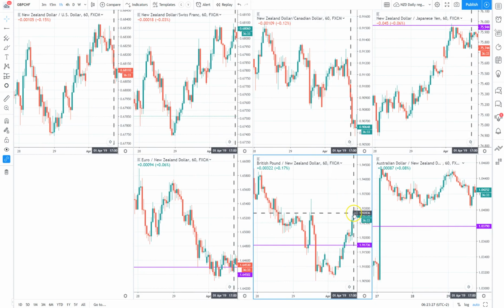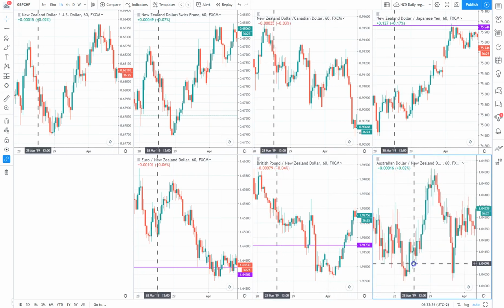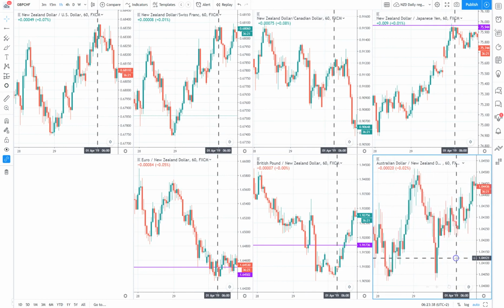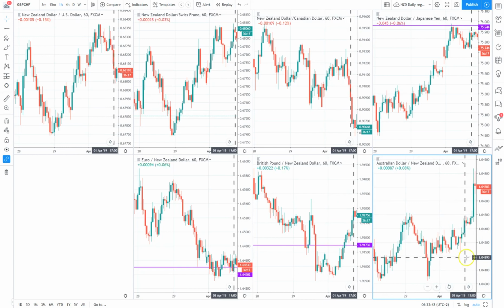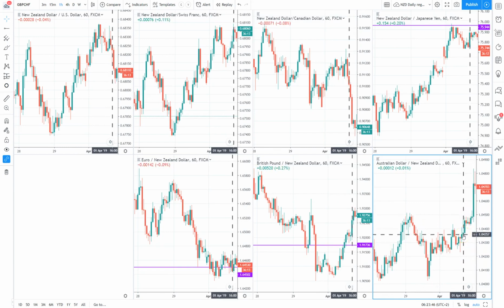And this one, big V at the same time as New Zealand USD and New Zealand CAD. And this pair here, I almost forgot about this one. Keeps on going up and up and up, not really pulling back, right?